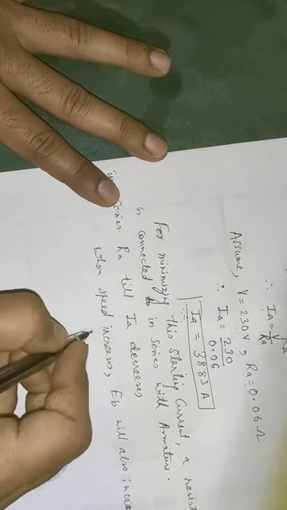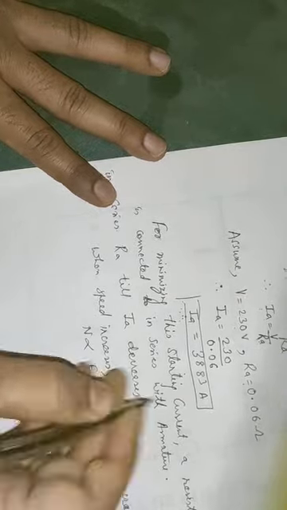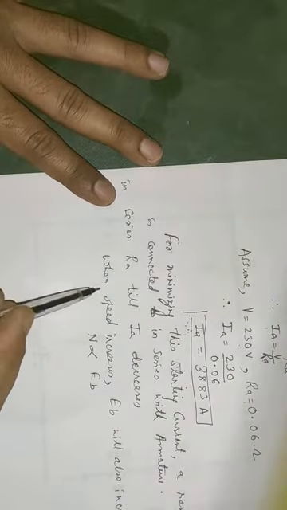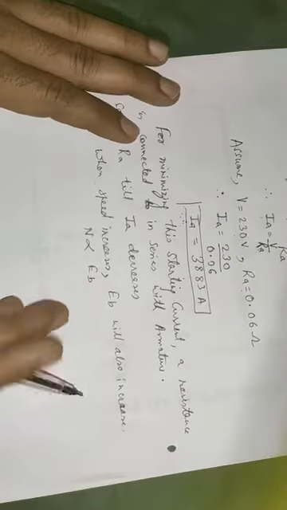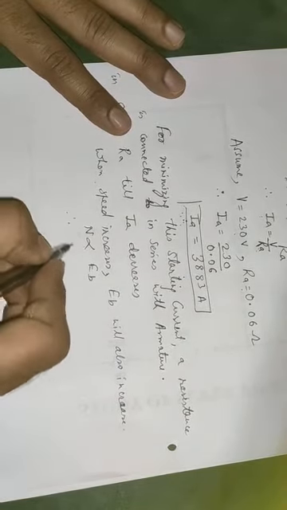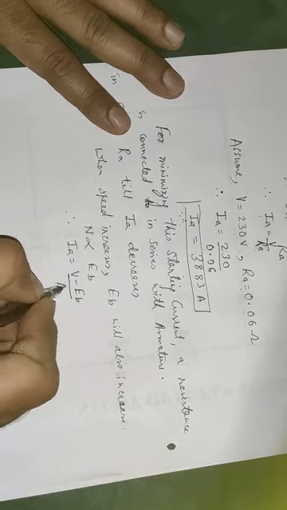How can I say this? Because we know that N is proportional to EB. From this equation, when motor speed increases, your EB will also increase. Now what will happen to this equation? IA is equal to V minus EB divided by RA.